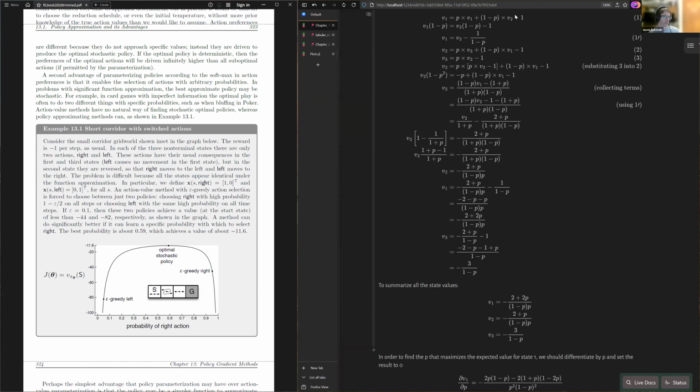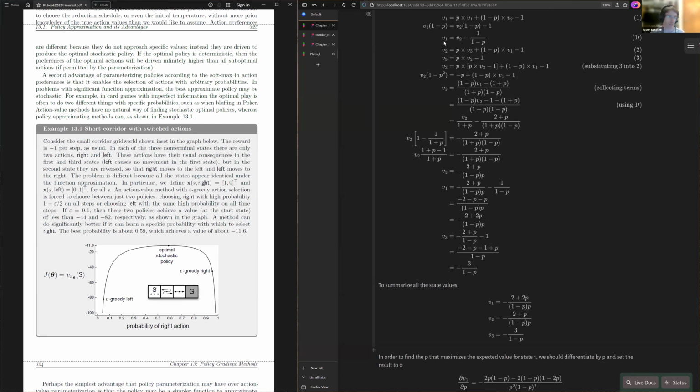So all these expressions are going to have this -1 and then the expected value of the transition state. These are the two possible transition states. Either we stay in state 1 or we end up in state 2. And then this is just rearranging the expression a bit where all the terms for V1 are on one side. And then, finally, this is my final rewritten expression for V1.